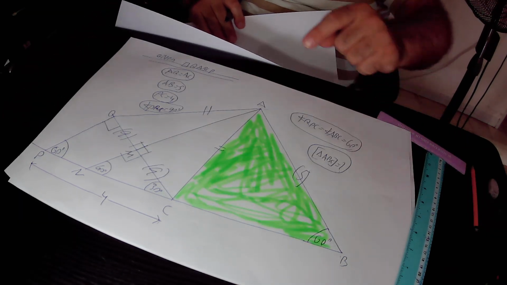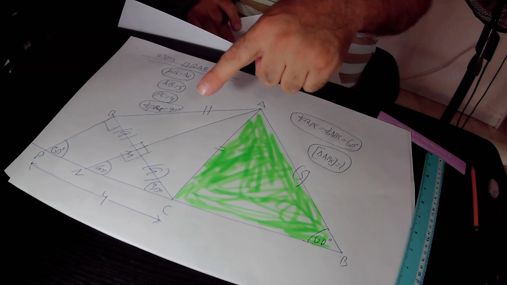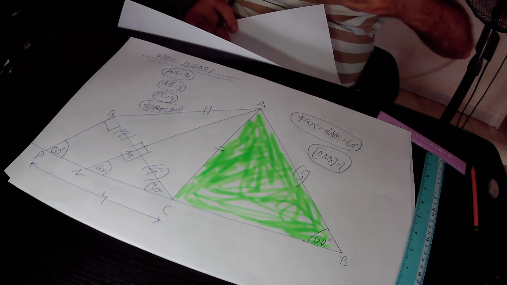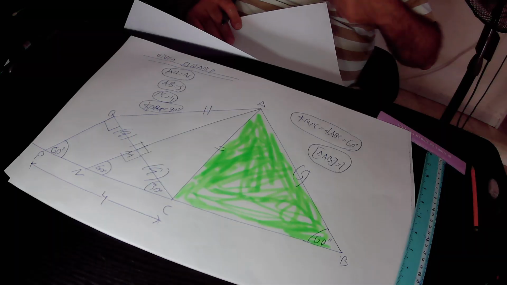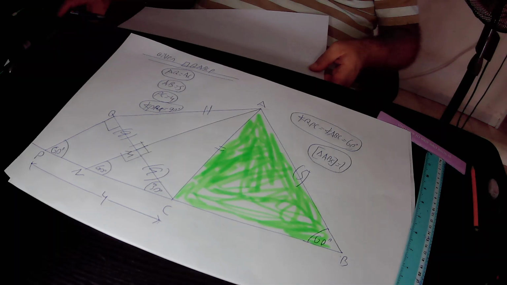And from the fact that the big right triangle PQC is similar to the small right triangle NMC, we will derive that the following relationship exists between their sides.